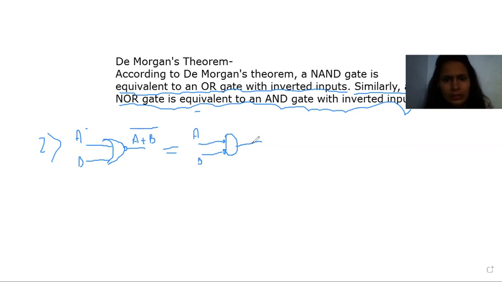So the output of this AND gate will be A bar into B bar. Now see how it is possible. So we will prove this.